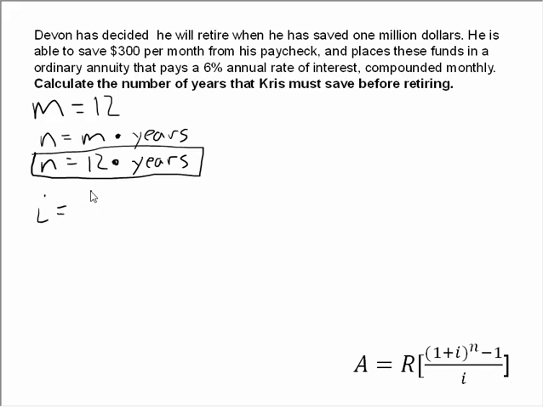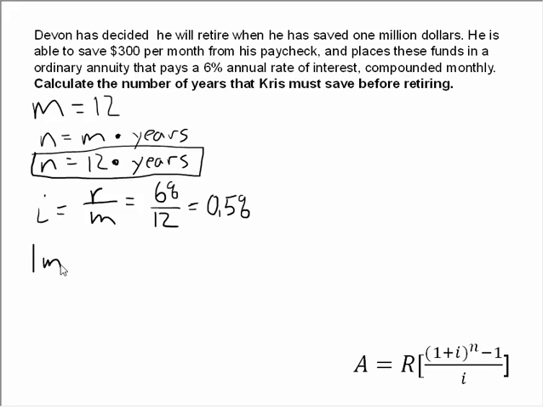I is the periodic interest rate, and it's equal to the nominal interest rate divided by M. We have a nominal interest rate of 6%, and we're going to divide that by 12 compounding periods per year, giving us 0.5%. Now we can write our equation for our ordinary annuity. $1 million, that is A. That's going to be our future value.